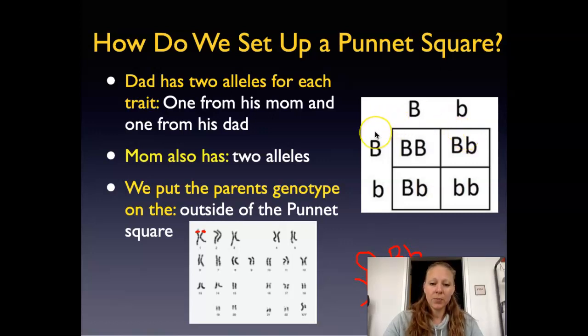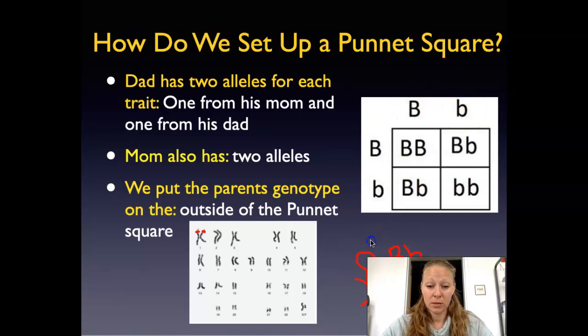And so here, we're taking this person, and this would actually be a male because we have an X and a Y, so we'll put them up here. And we're going to put the wife or the female in this scenario on the other side. So we have two people, and they're going to produce an offspring. And what we're going to do is put the parents' genotypes on the outside.